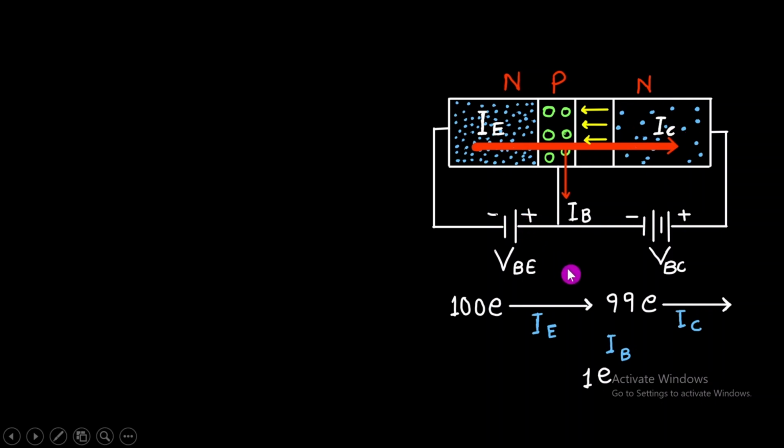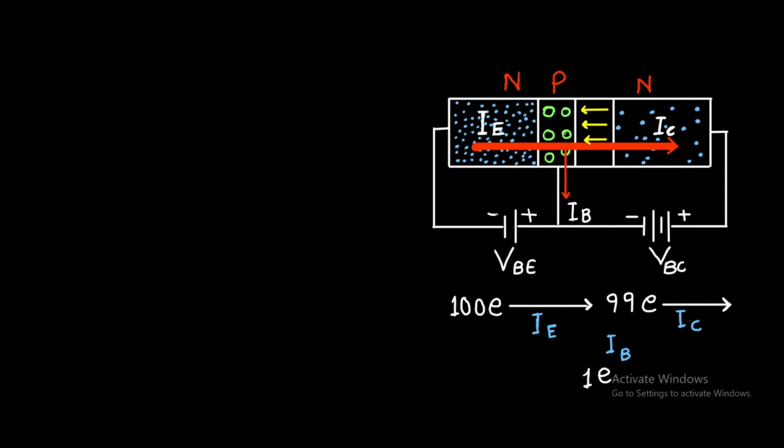So if we take 100% of the electrons, then only 1% will be converted into IB, the base current, and the remaining 99% of the electrons will contribute to IC.